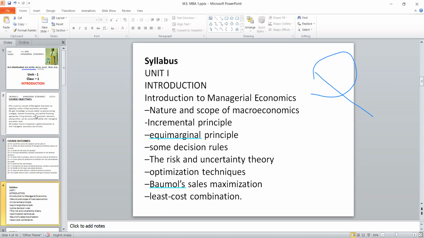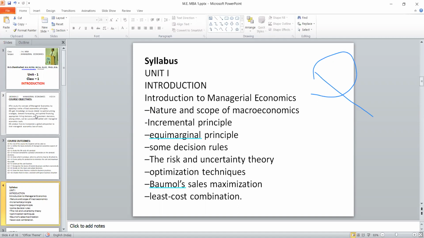Optimization technique in the sense is how to maximize or how to minimize. Maximizing means sales or profit; these are to be maximized. For minimization: cost minimization, labor hour minimization, machine hour minimization. So we should know both sides.